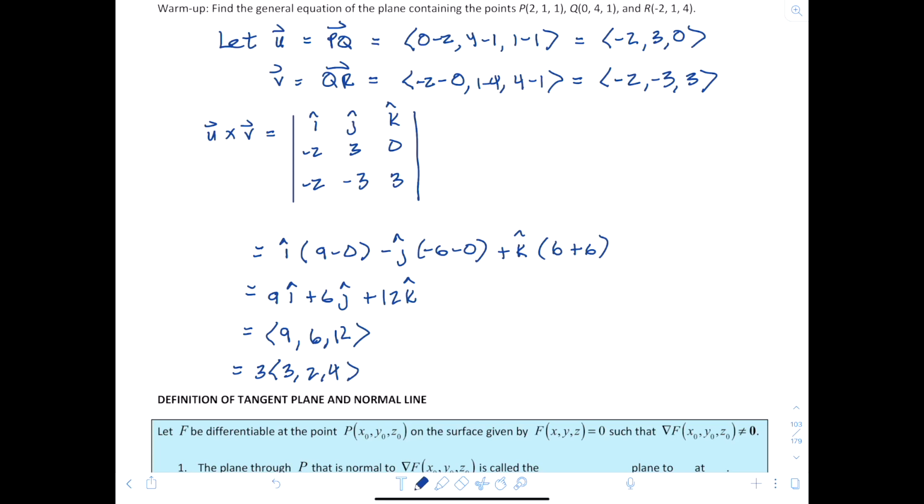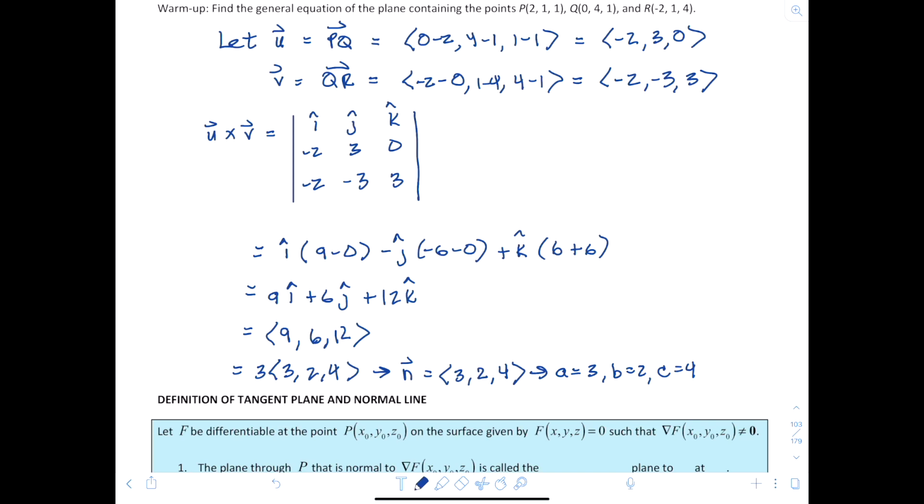And so that gives us that n, our normal vector to the plane, can be equal to <3, 2, 4>. And so that gives us that A is 3 for our direction numbers, B is 2, and C is 4.